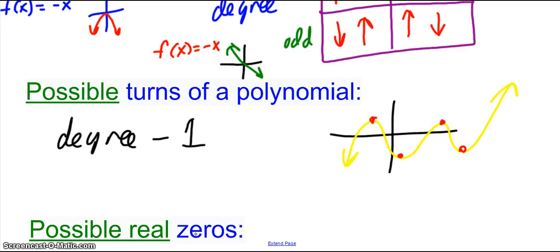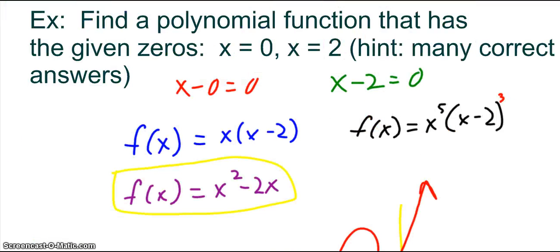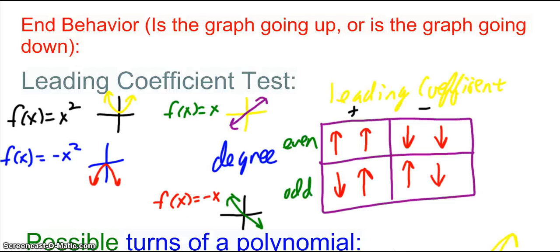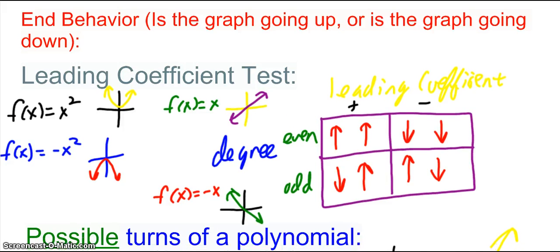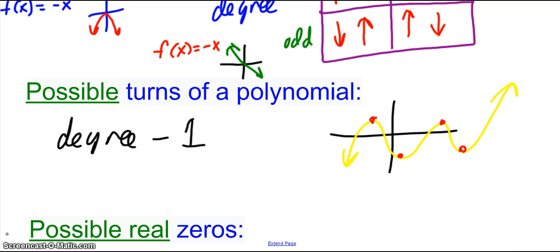Possible real zeros. So again, when we did this example here, these were real zeros. We can have non-real zeros as well, but how do we know the possible number of real zeros? This is just going to be the degree. Real zeros are the same thing as x-intercepts. So this graph here has 4 real zeros. Again, this is possible though.